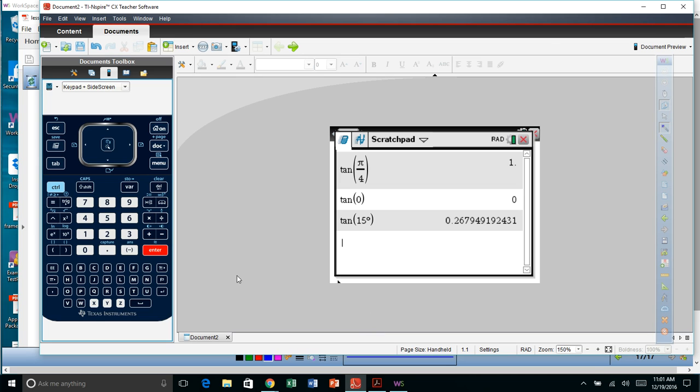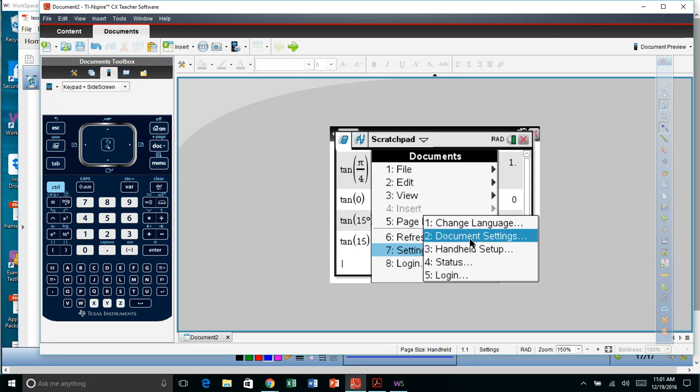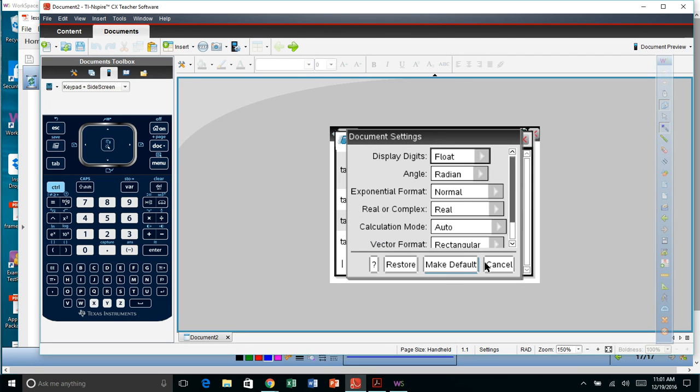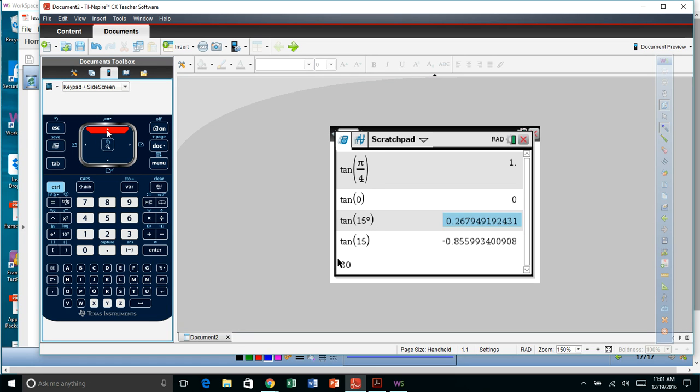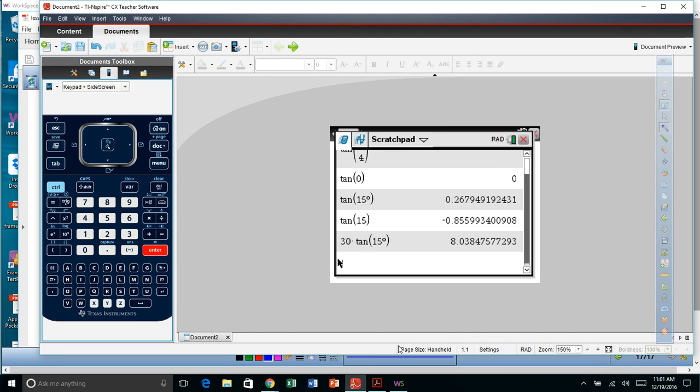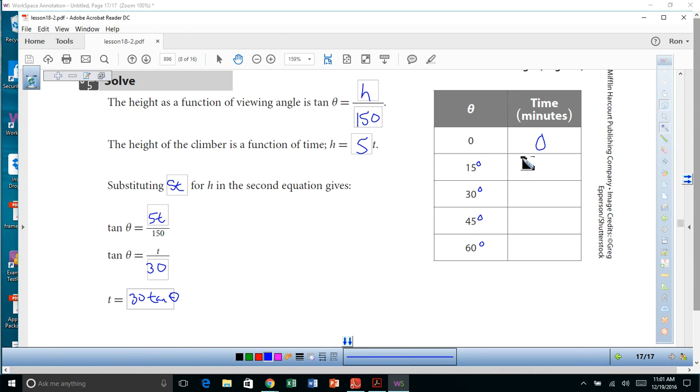Oh, you know what I didn't do? I forgot the 30. So 30 tangent 15 gives you 8.03, or 8.04 when you round.